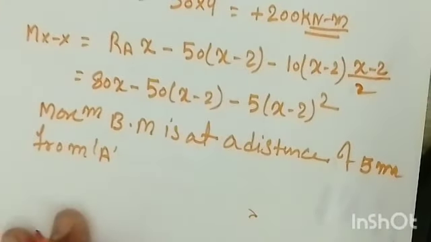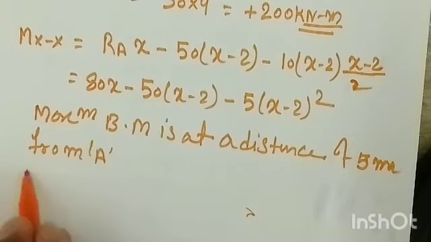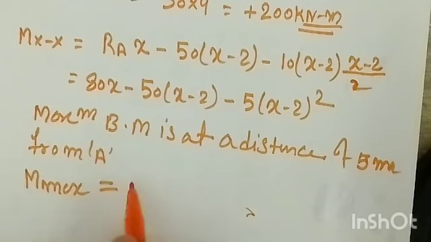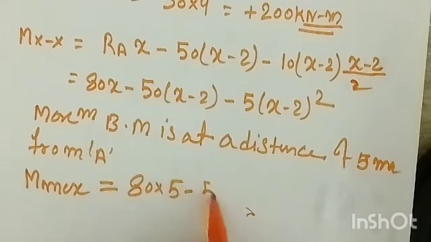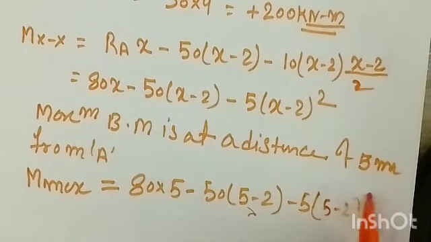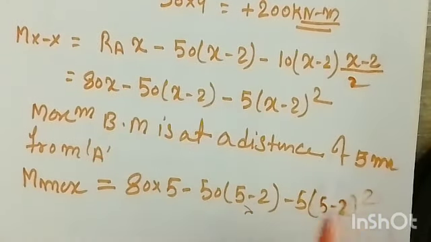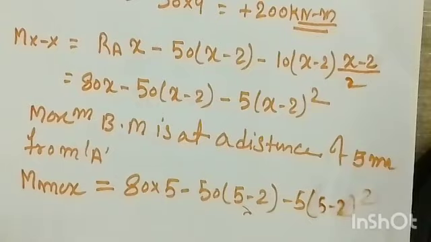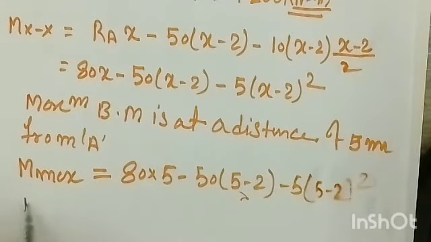Now the maximum bending moment is 80 into 5 minus 50 into 5 minus 2 minus 5 into 5 minus 2 whole square. While you calculate, you will get the maximum bending moment value.